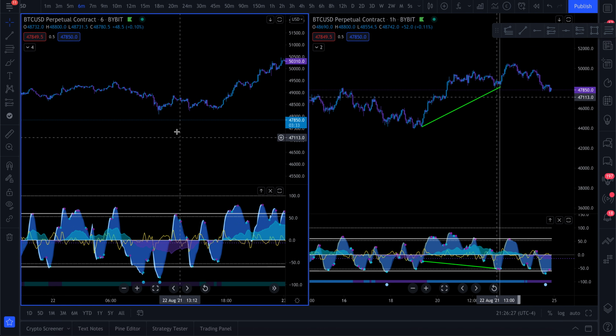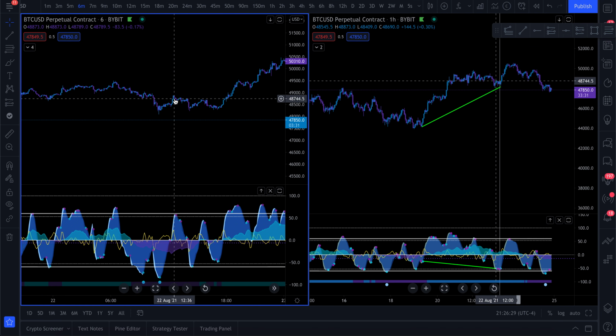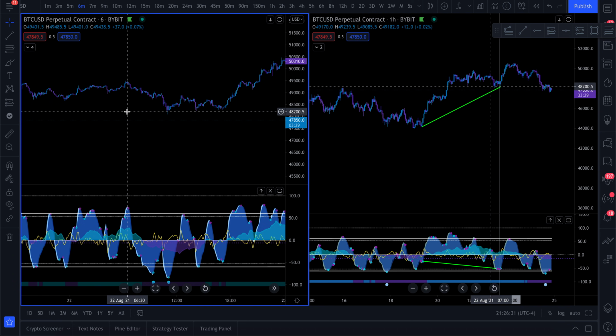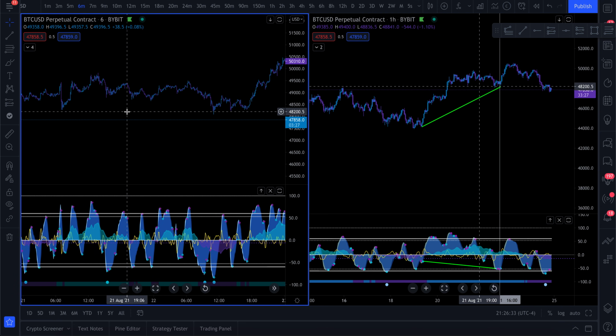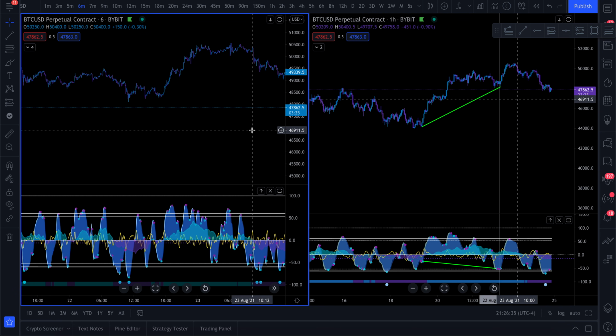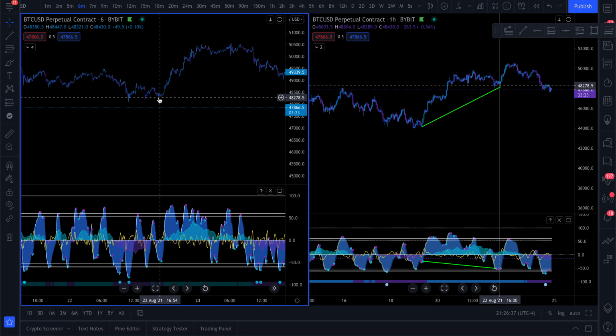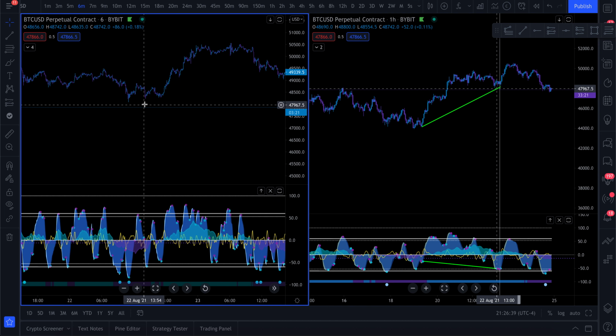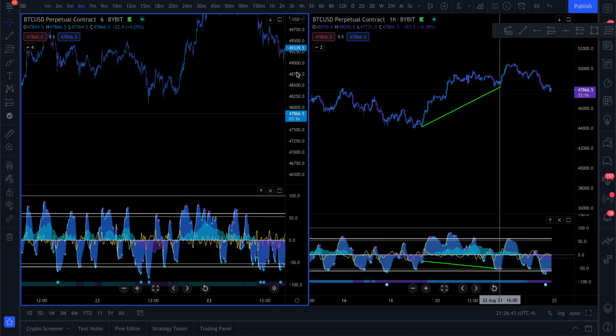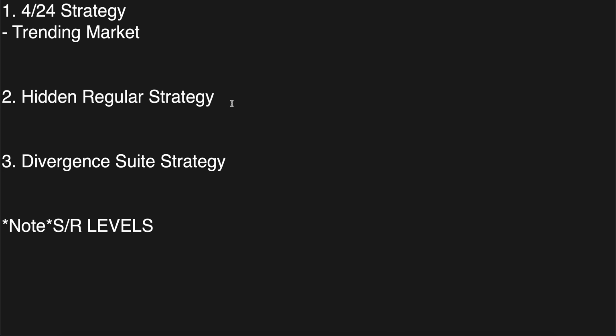Okay, so I'm sorry, this is actually not a regular bullish divergence right here. It's not a regular bullish divergence, but there's two ways we can do this, okay?